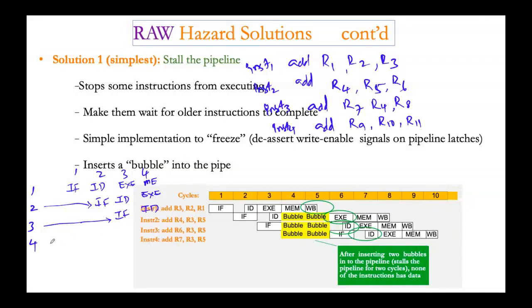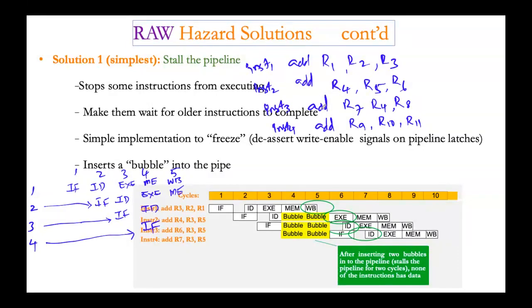Then at the fourth cycle, the fourth instruction will get into instruction fetching. Now at the fifth cycle, your first instruction goes to write back and the second instruction goes into memory access. And what about the third instruction?